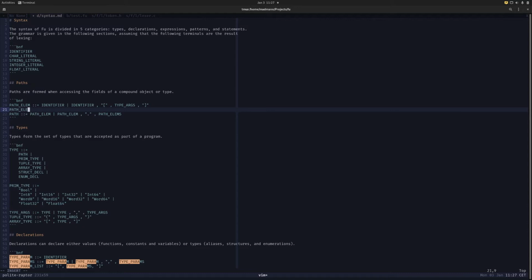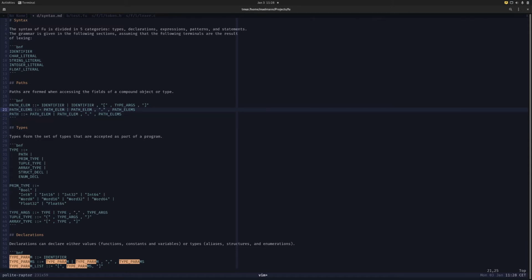And then I would have to say that more path elements is just a path element followed by dot followed by more path elements, or just a path element. But that's a bit redundant, isn't it?